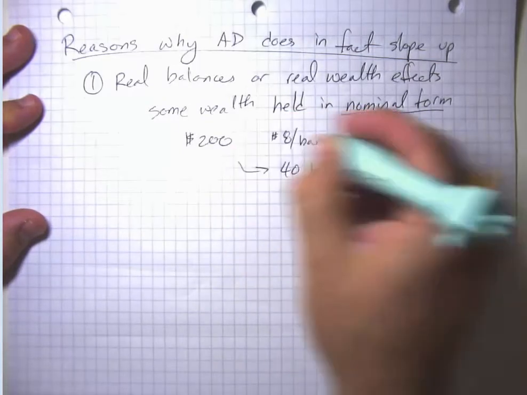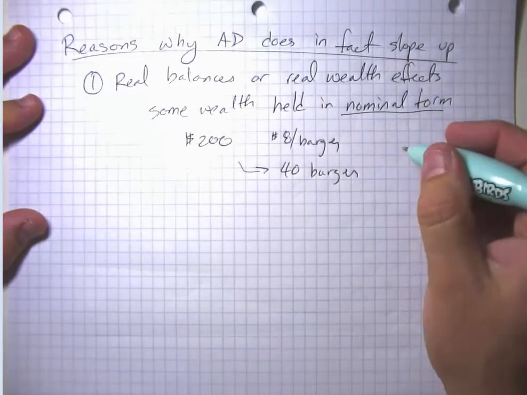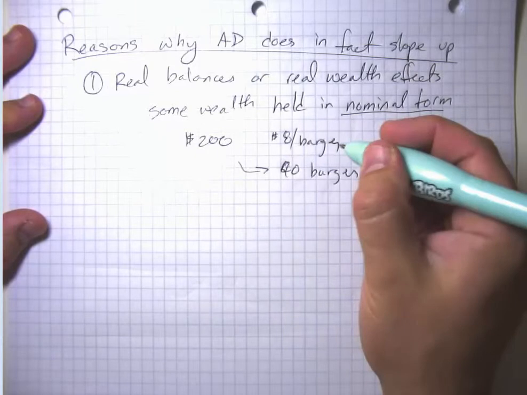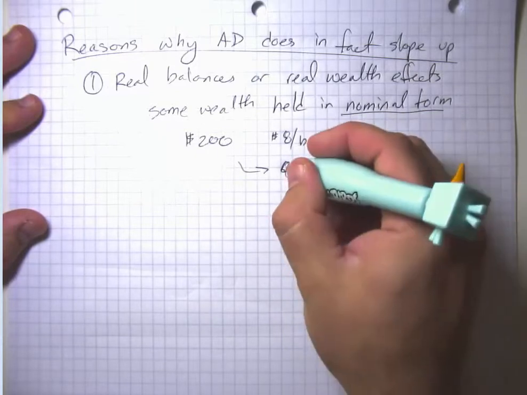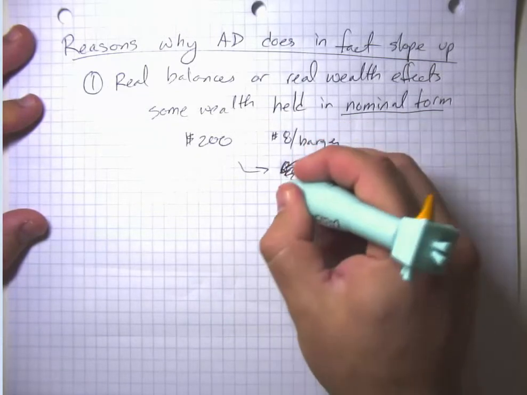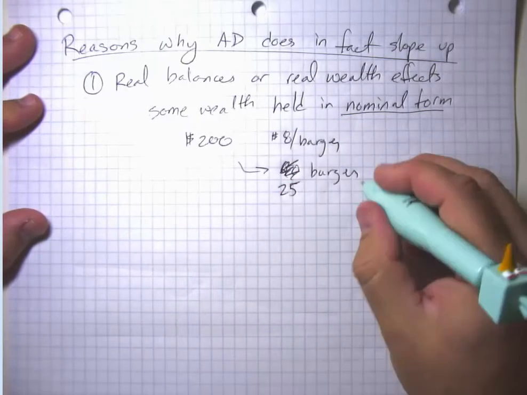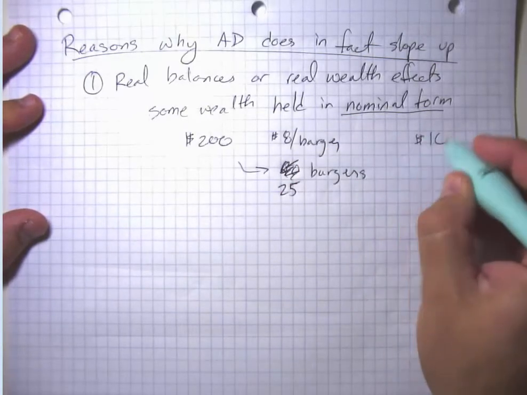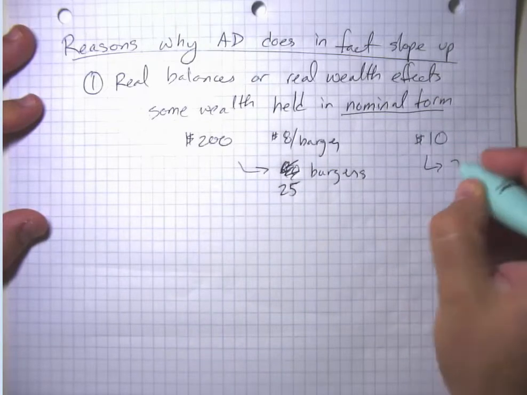If prices go up to $10, you can only afford to buy 20 burgers.